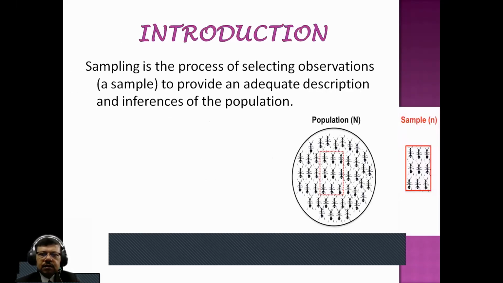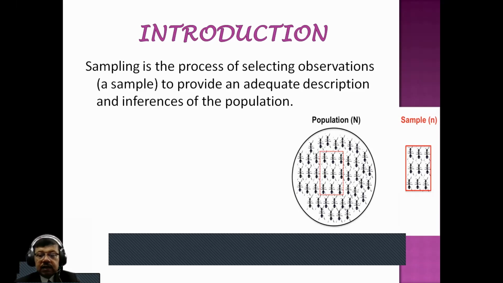So to come with, basically sampling is the process of selecting observations to provide an adequate description and inferences of the population.